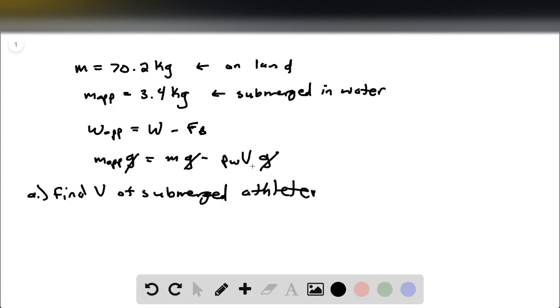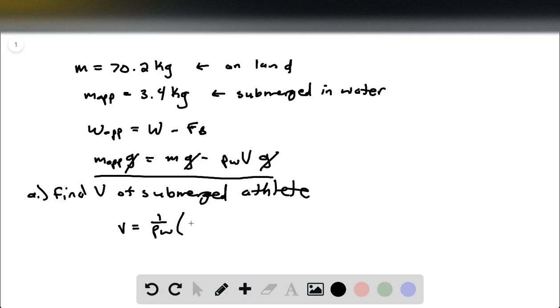So that really means we just need to find V from this equation here. So we can write this as V is 1 over the density of water, adding this over to the other side and dividing by rho.